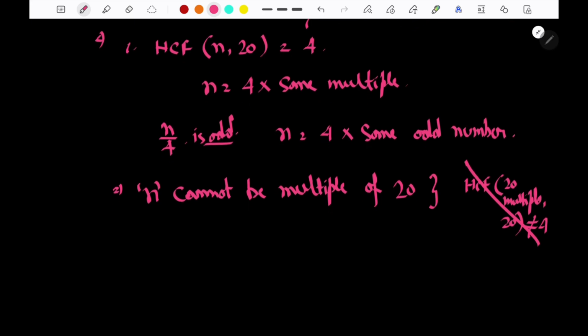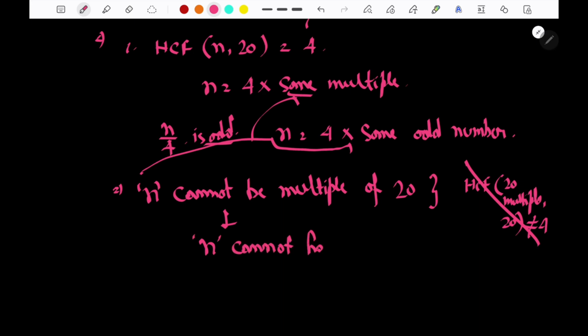So n is equal to 4 into some odd number, but not a multiple of 20. It means n cannot have 5 as one of its multiples.